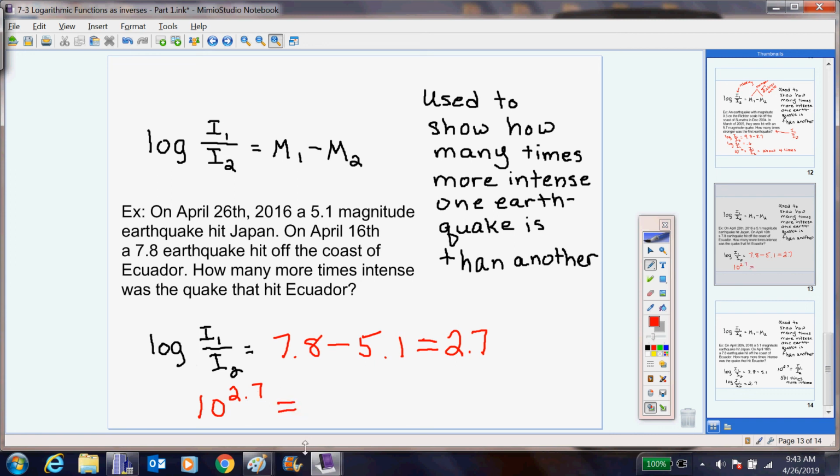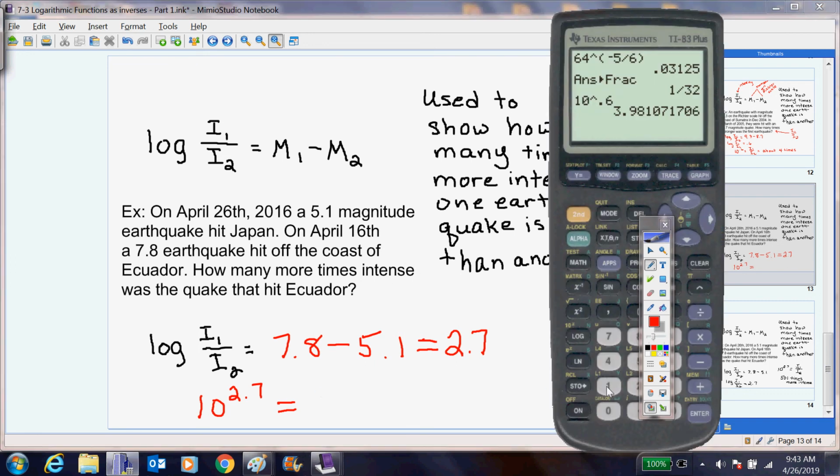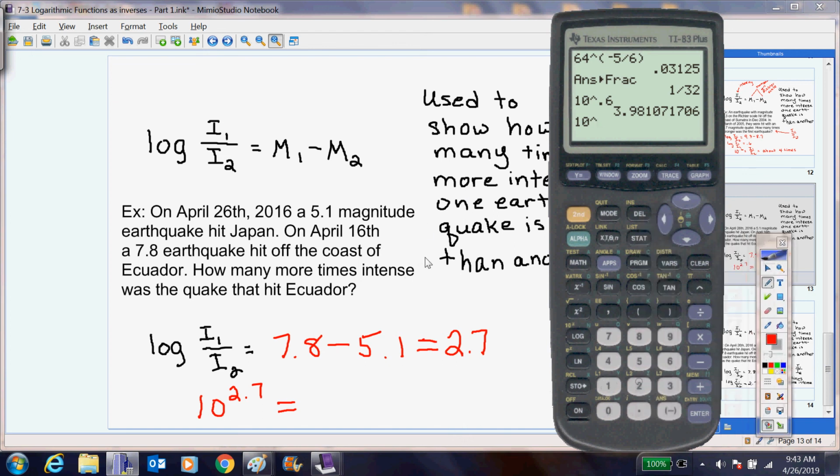So when we do 10 to the 2.7 power, we get over 500 times stronger. 501.187 times stronger.